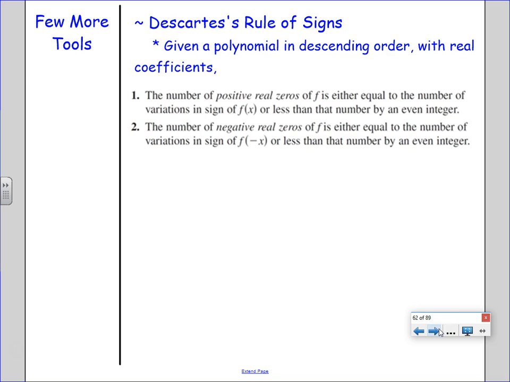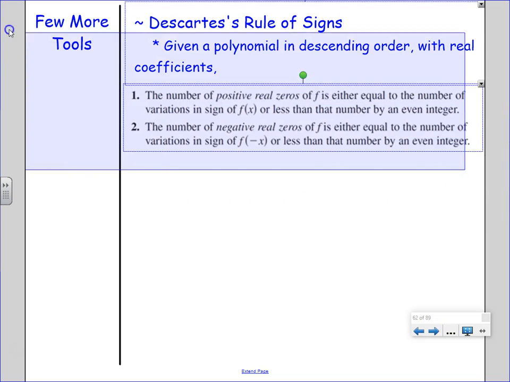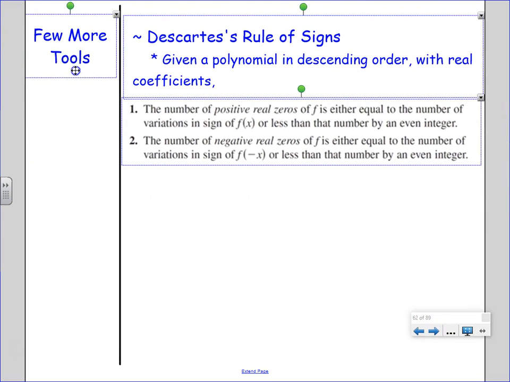Okay, next one. Remember I said yesterday there are a few little tools at the end. We're just going to peek at them and not stress about them too much. This isn't something you have to memorize, but it is a nifty property of polynomials.